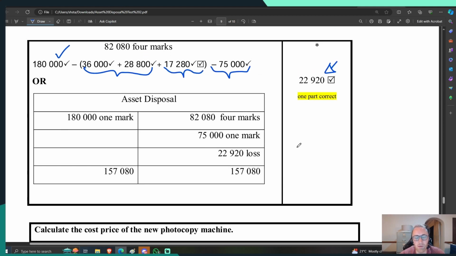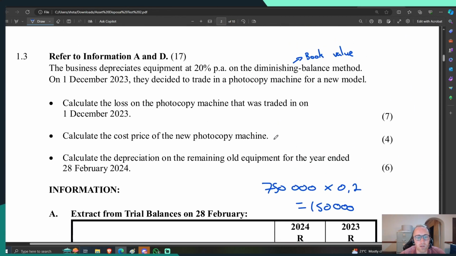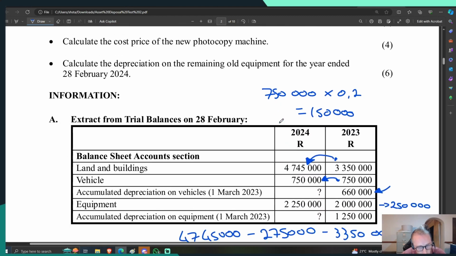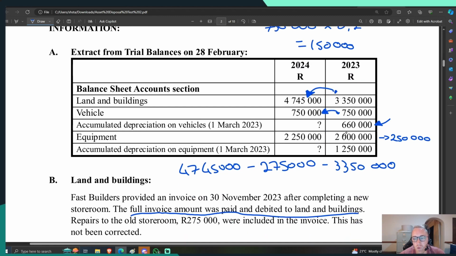All right. Next, it says, for the next question, calculate the cost price of the new photocopy machine. Well, we know that our equipment went up in total 250,000.